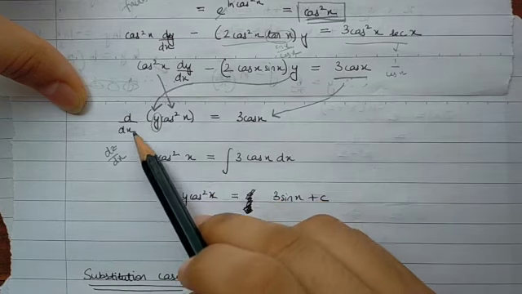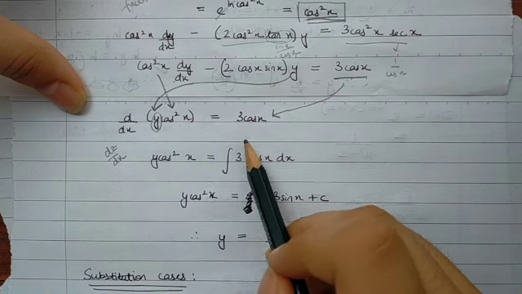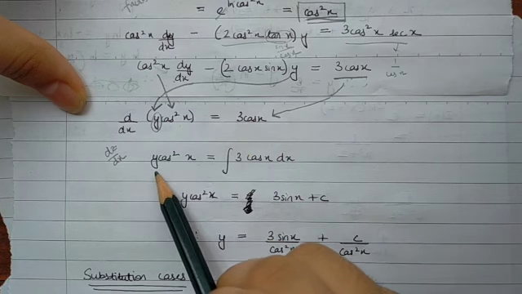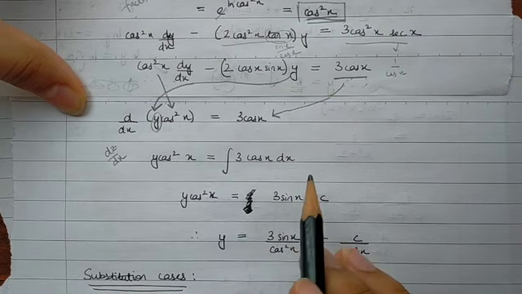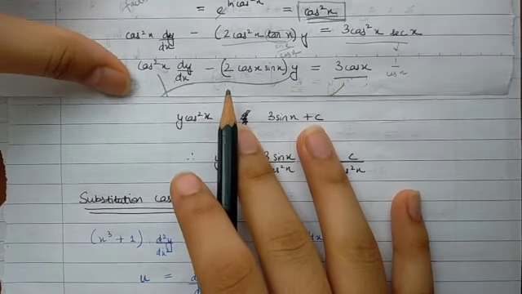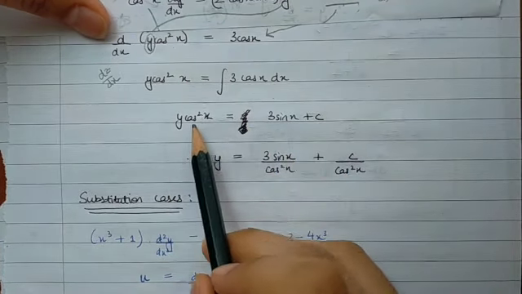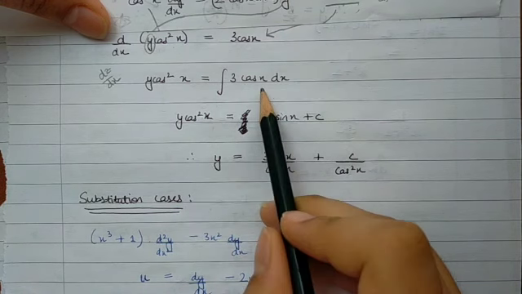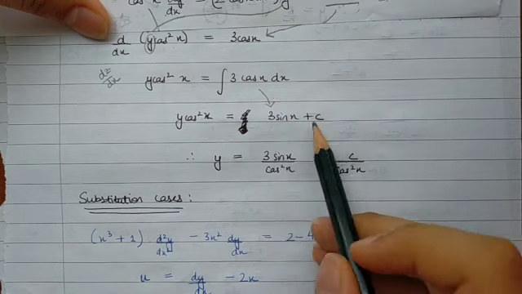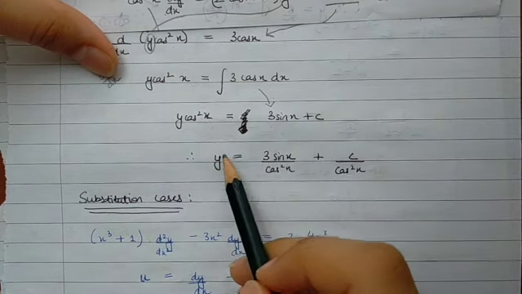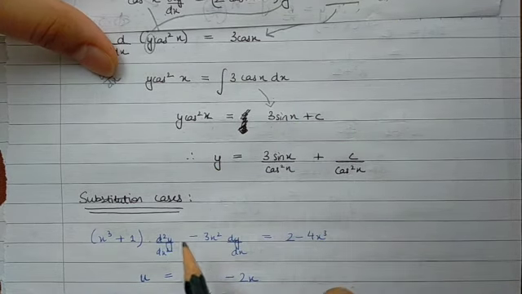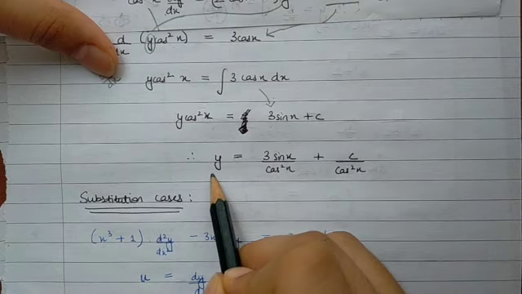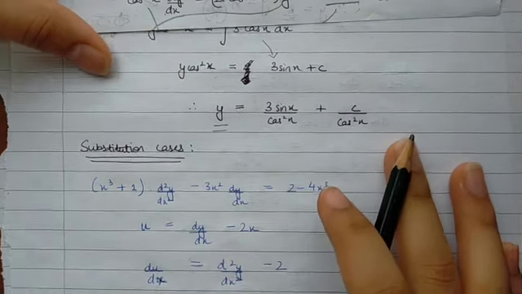Since we have a d over dx here, we can integrate the right hand side, and this is what we get. Then we can just write y over cos squared x equals 3 sine x, we've just integrated this, plus c, and then we divide by cos squared x on both sides to find y with respect to x.